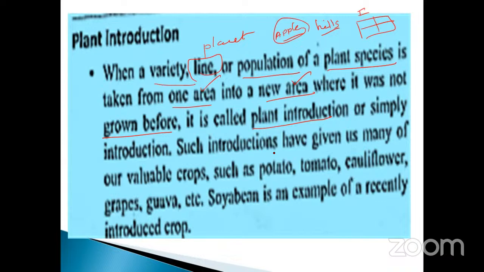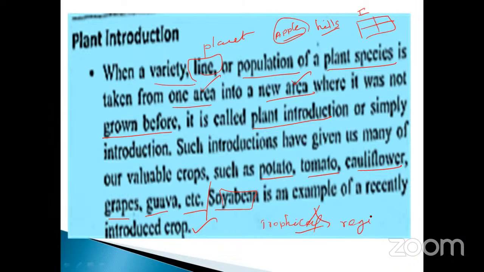Such introductions have given us many of our valuable crops such as potato, tomato, cauliflower, grapes, guava, etc. Soya bean is an example of a recently introduced crop. Soya beans only grew in hill places, but nowadays they can grow in the normal tropical region also.